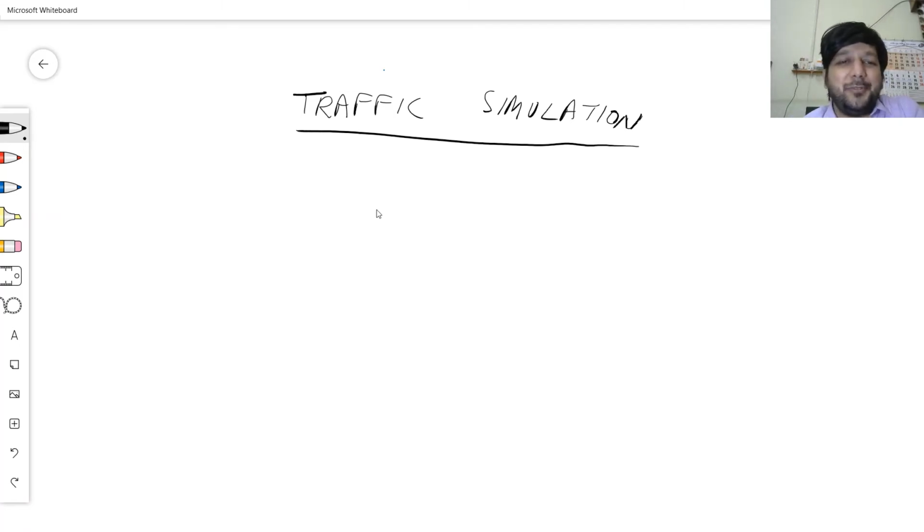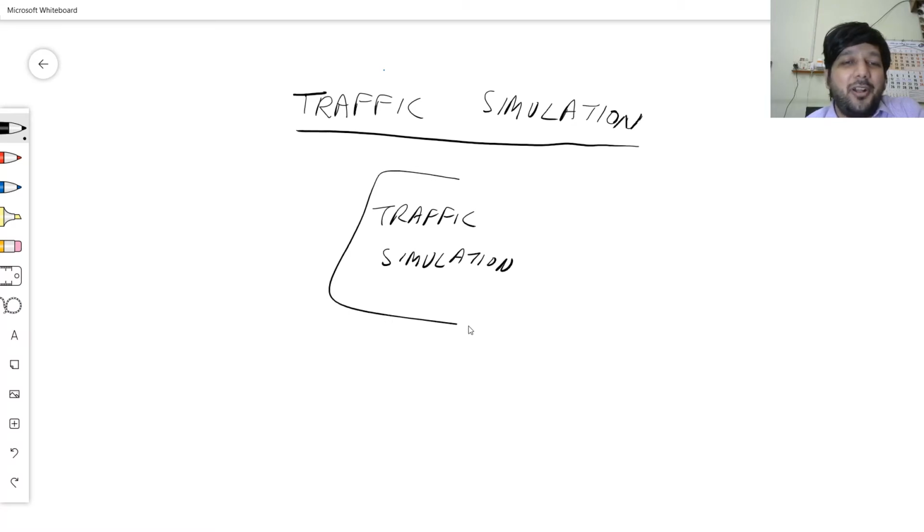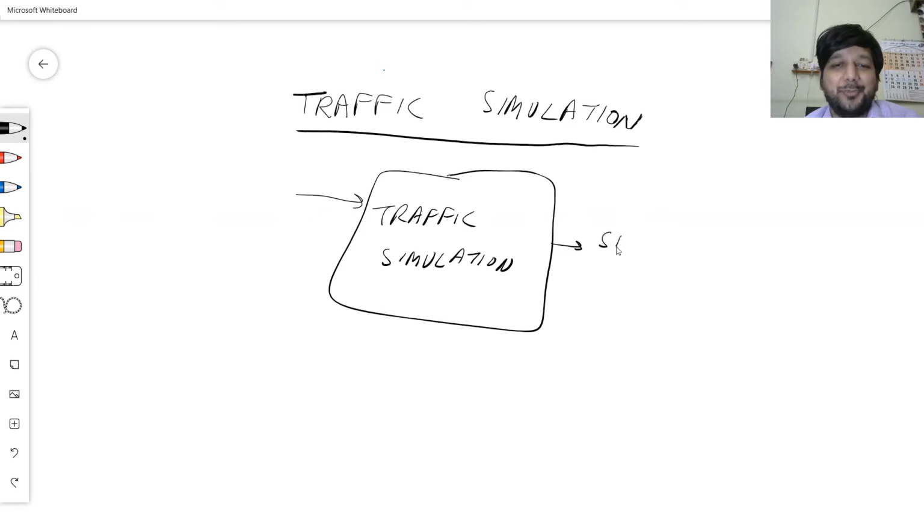So if I need to do a traffic simulation in order to tell an authority to take all these decisions about travel rules, about the development of infrastructure, about where pedestrians can go, where pedestrian crossings should be, at what speed everybody should drive, I need some inputs, and of course the output will be the simulated traffic and all the performance metrics that we were talking about.